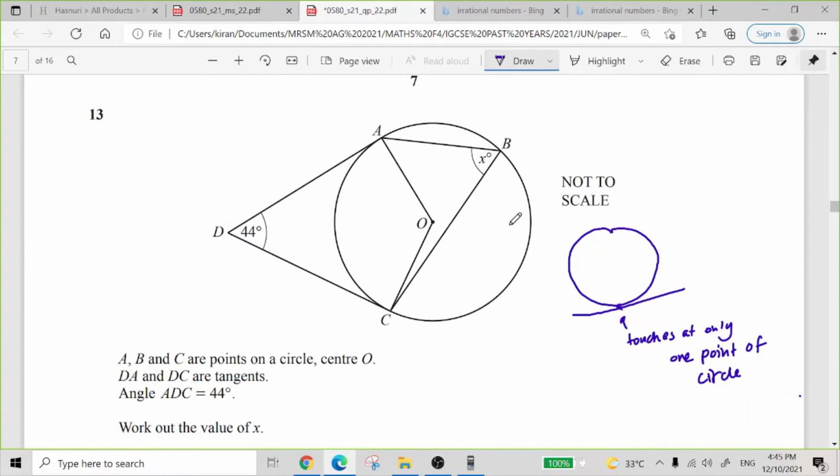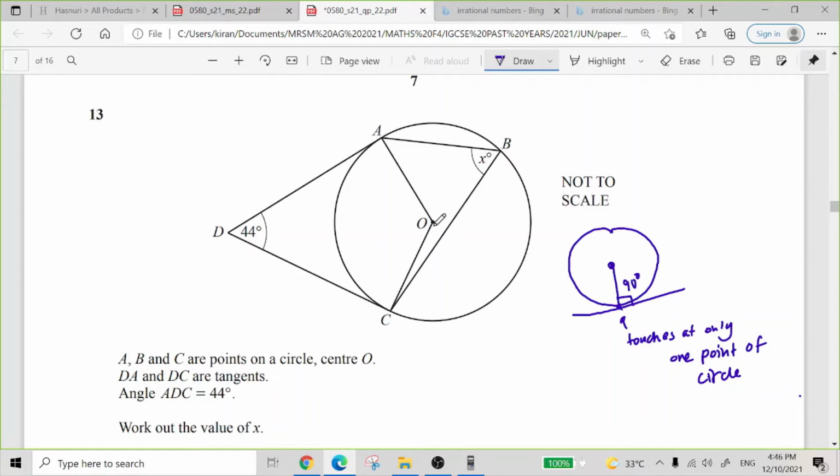So when we have tangents, we also have the radius. The circle property here is that when a tangent meets a radius, it forms 90 degrees.